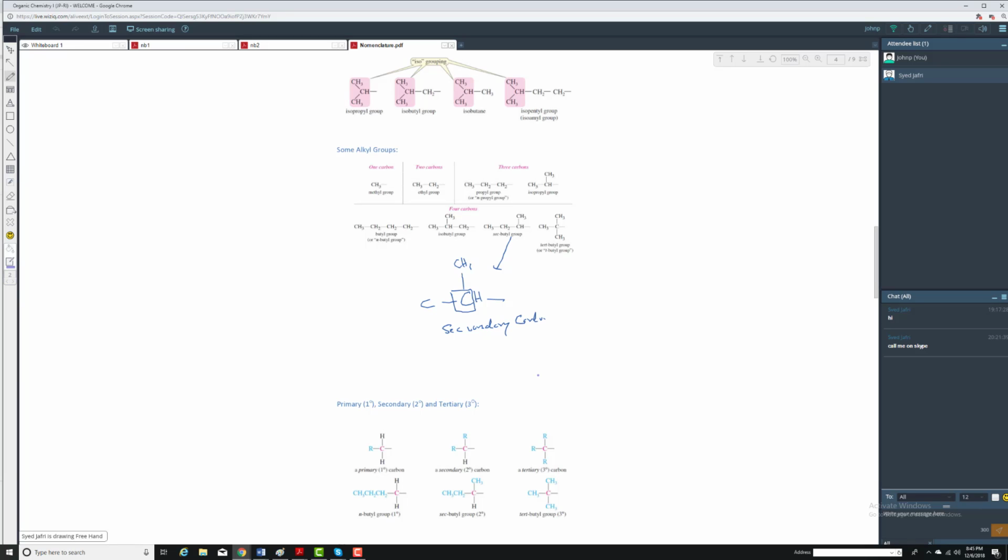Some other alkyl groups. When it is only one carbon radical, we say it is a methyl group. You already know methyl group, propyl group, isopropyl. Directly attached with 2 carbon atoms. 4 carbons. No, this carbon is secondary. This one, because the iso group is there.